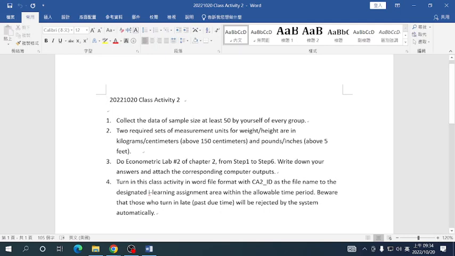Collect the data of sample size at least 50 by yourself for every group. Then two required sets of measurement units for weight and height: in kilogram and centimeters, this is y, right? This is x, above 150 centimeters, and pounds and inches, above 5 feet. Two required sets of measurement units. Then do the lab questions step by step. Okay?